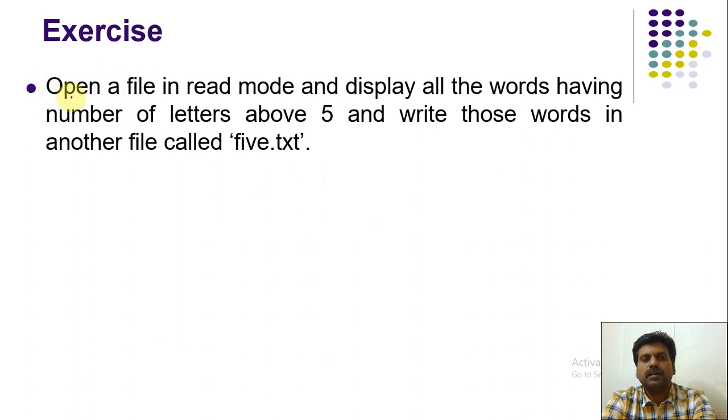You read this question. Open a file in read mode and display all the words having number of letters above 5. We have to display all the words having number of letters above 5, and at the same time, look at this, write those words in another file called 5.txt.